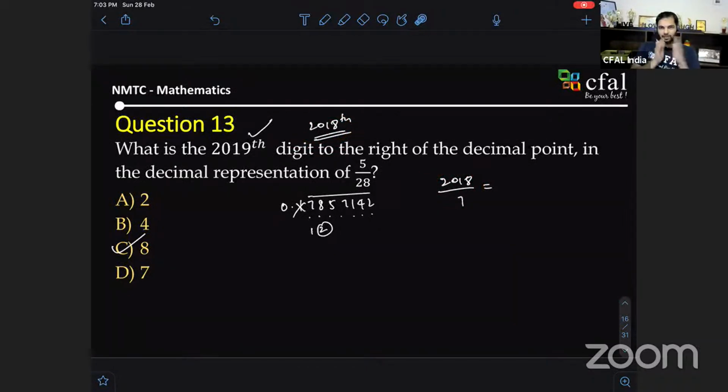Can you imagine, I'm just removing all the sets of 7 outside, correct? And what is the remainder now? Remainder is 2. So all the sets are gone, and the last 2 elements are 7 and 8. So your last digit should be 8.